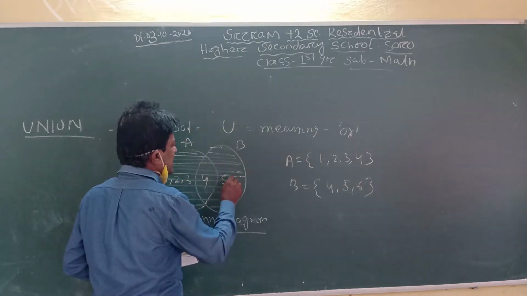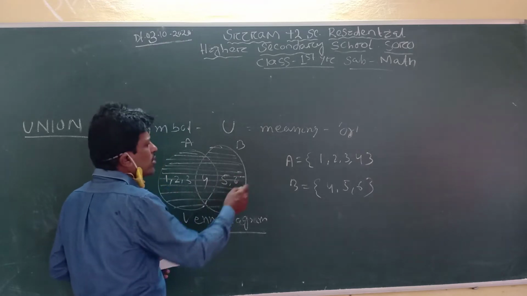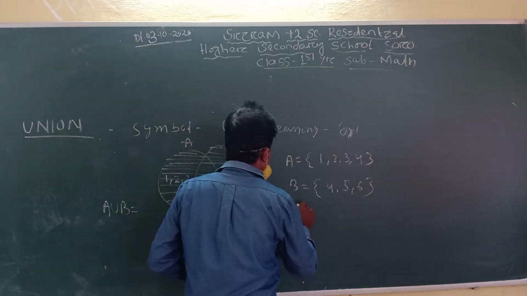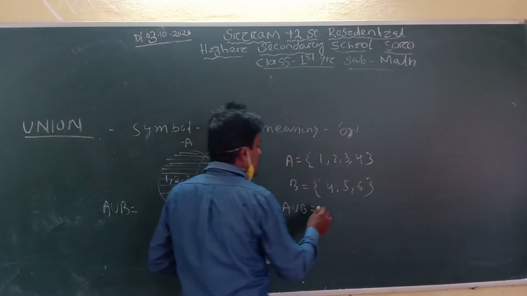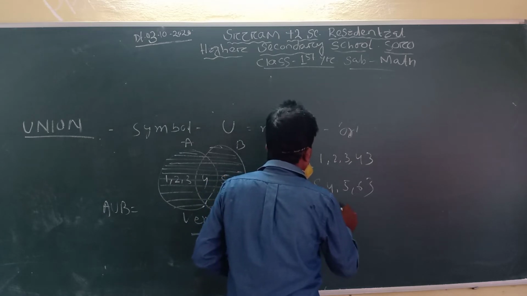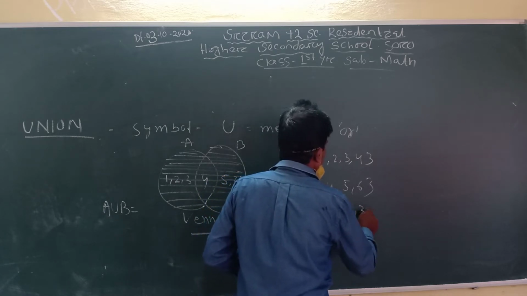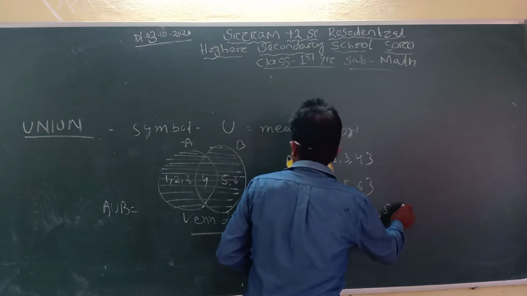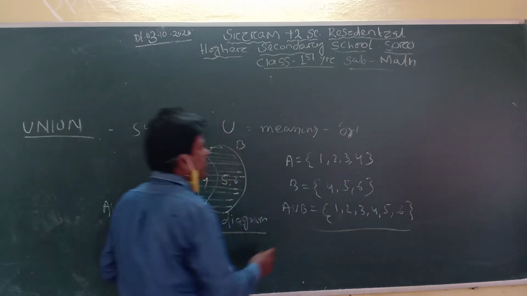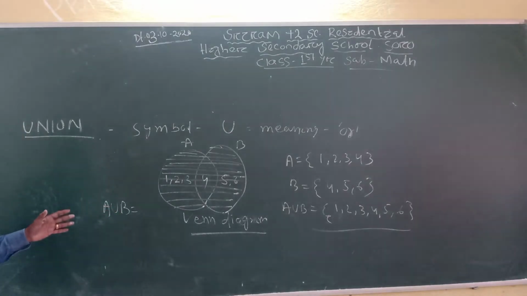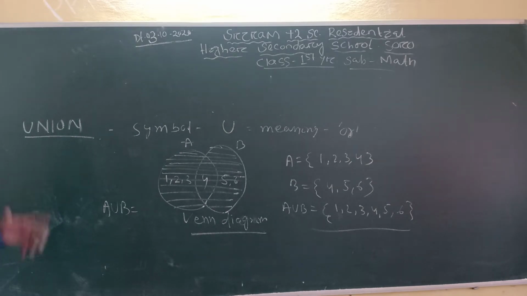Then 5 and 6. The union A union B we can express as 1, 2, 3, 4, 5 and 6. I think you understand A union B better now.